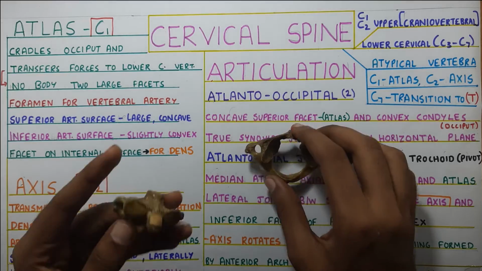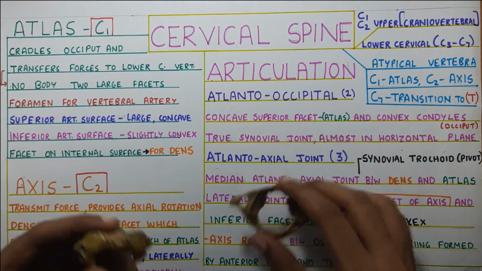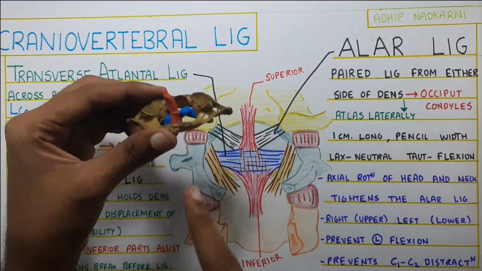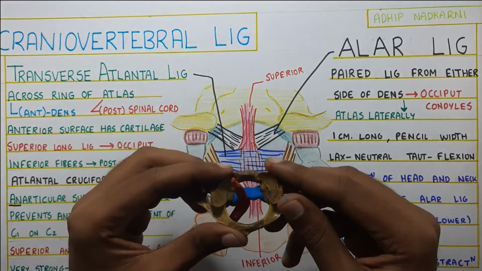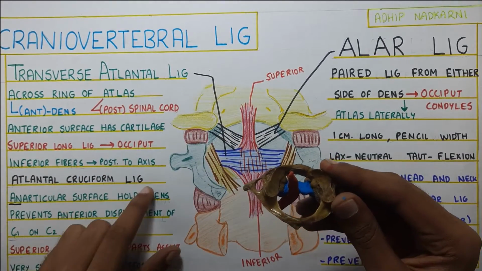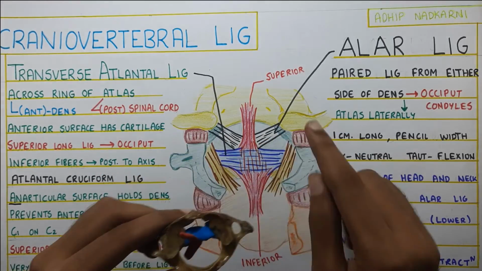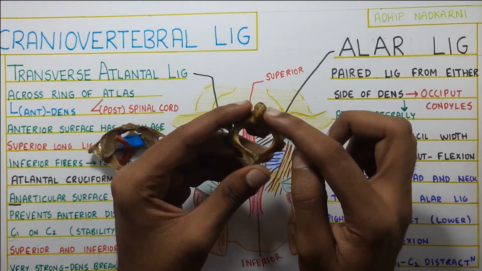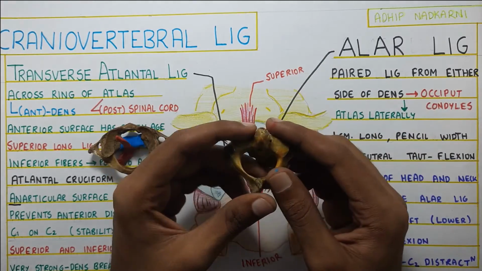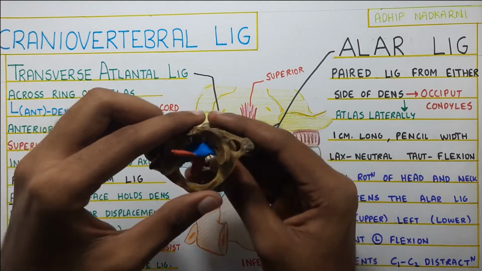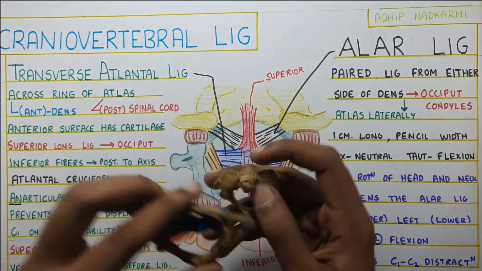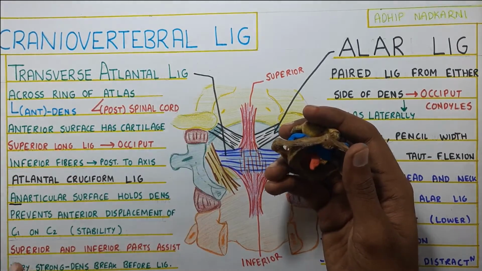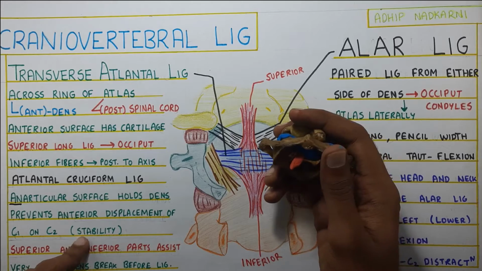Then we saw the same articulations over here, and then we moved on to the ligaments. Under ligaments we saw the transverse ligament and the superior and inferior ligaments, which form the atlantal cruciform ligament. Then we also saw the alar ligaments going from the dens to the occiput and the atlas, preventing Atlanto-occipital distraction, whereas the transverse atlantal ligament gives C1 C2 stability.